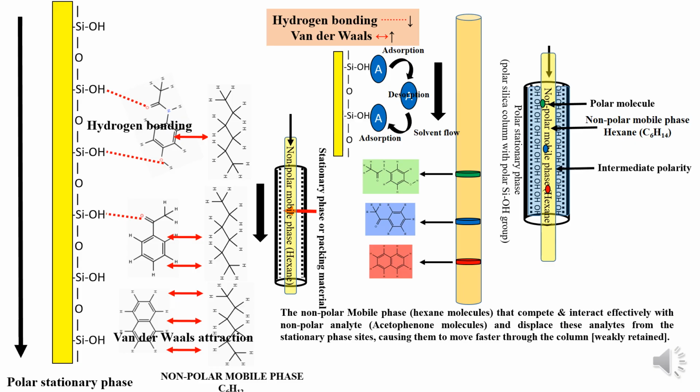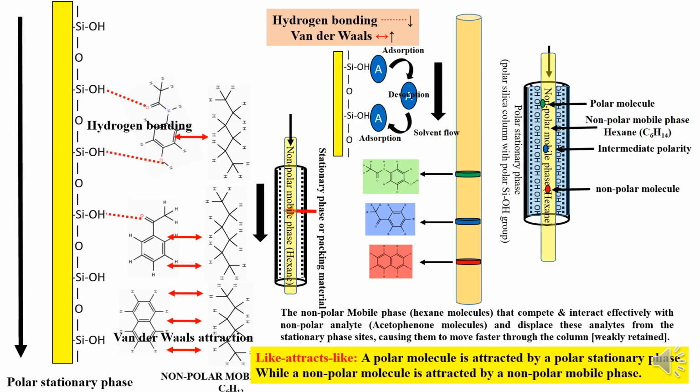So a polar molecule strongly interacts with the polar silanol groups, while a molecule of intermediate polarity interacts moderately, while a non-polar molecule interacts weakly with the stationary phase. It interacts strongly with the non-polar mobile phase via van der Waals attraction or interaction, and hence is eluted out of the column first.